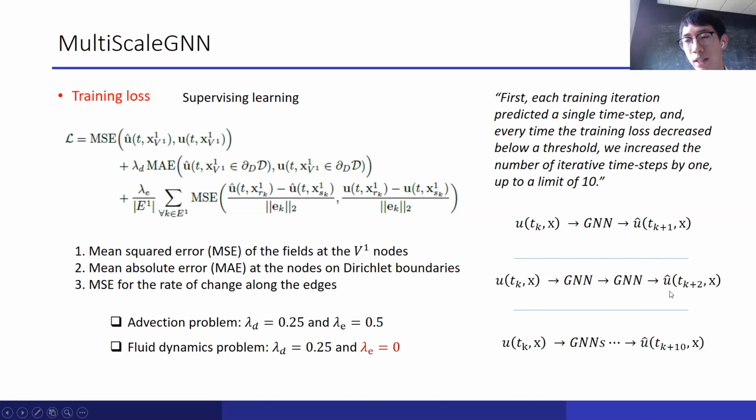So now they also have the prediction at t_{k+2}, and both of these will be used in the loss function. The number of evaluations increases gradually up to 10. So this is how they train the multi-scale graph neural net.